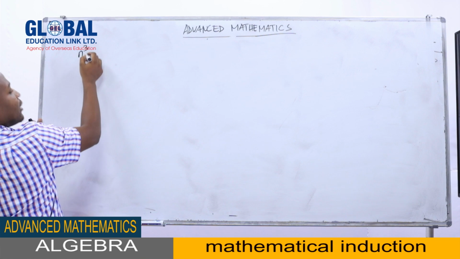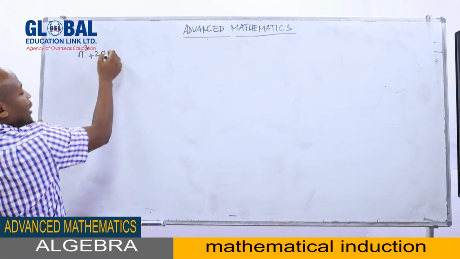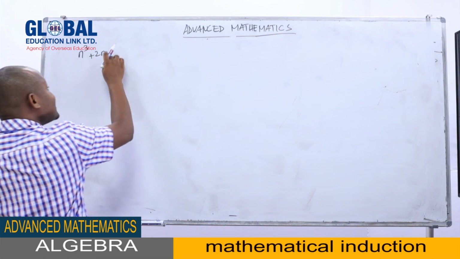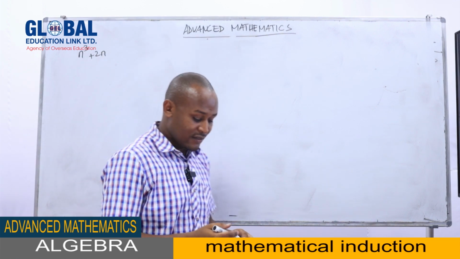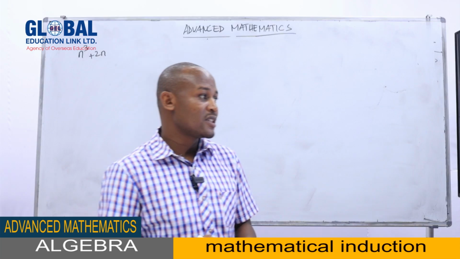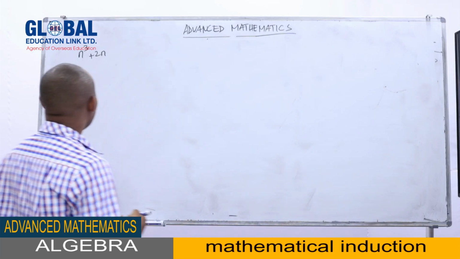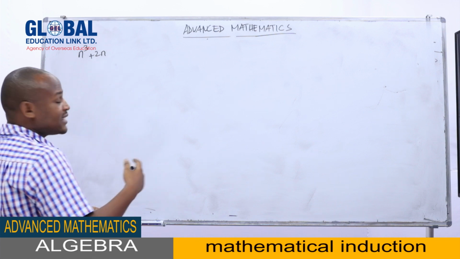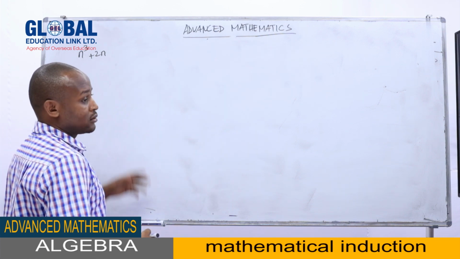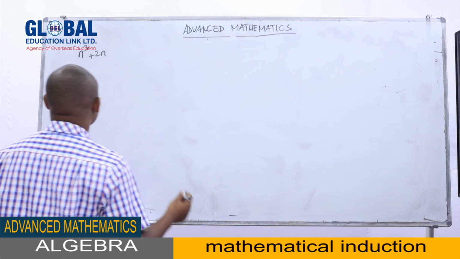We have n cubed plus 2n, and we are told it is divisible by 3. Okay, let's check. We have to show the first few steps, the first, the second, and then some few first steps, and if they are true, then we are allowed to go on and prove the proposition by the principle of mathematical induction.